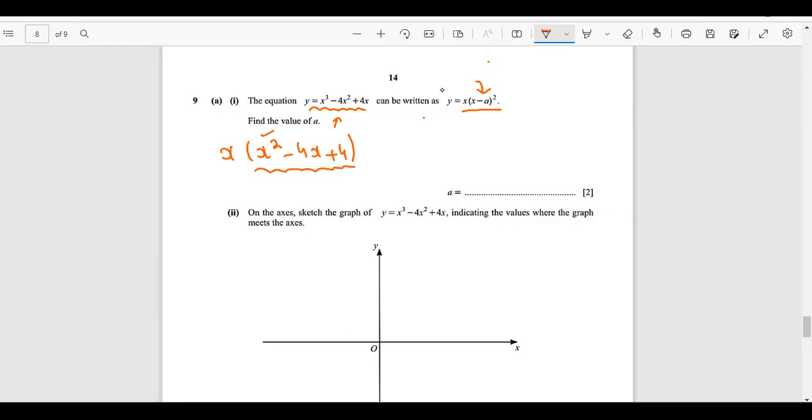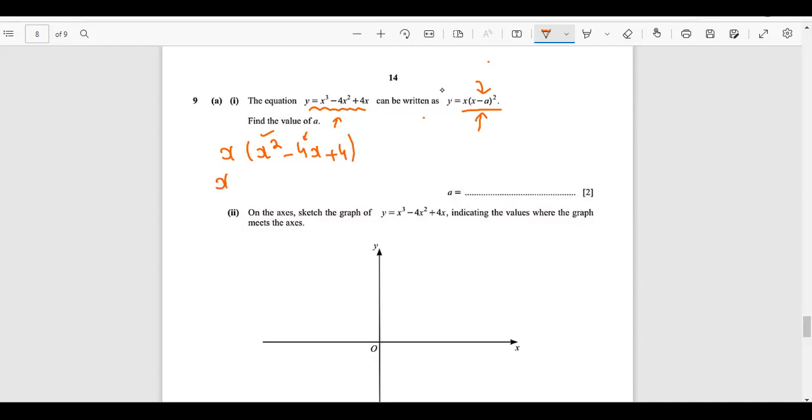I can get 4 if I write down 2 squared. So if this is 2 squared, this 4 would basically be coming from 2 multiplied by this number multiplied by this number, that was 2. So it means this is a perfect square. So instead of doing it by completing the square, I was directly able to spot that this would be a complete square of the form x minus a, whole squared.